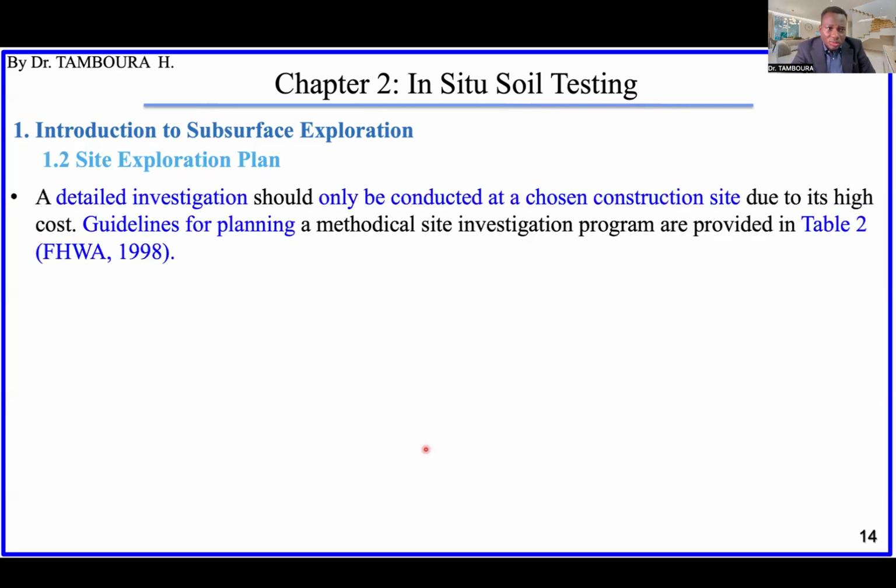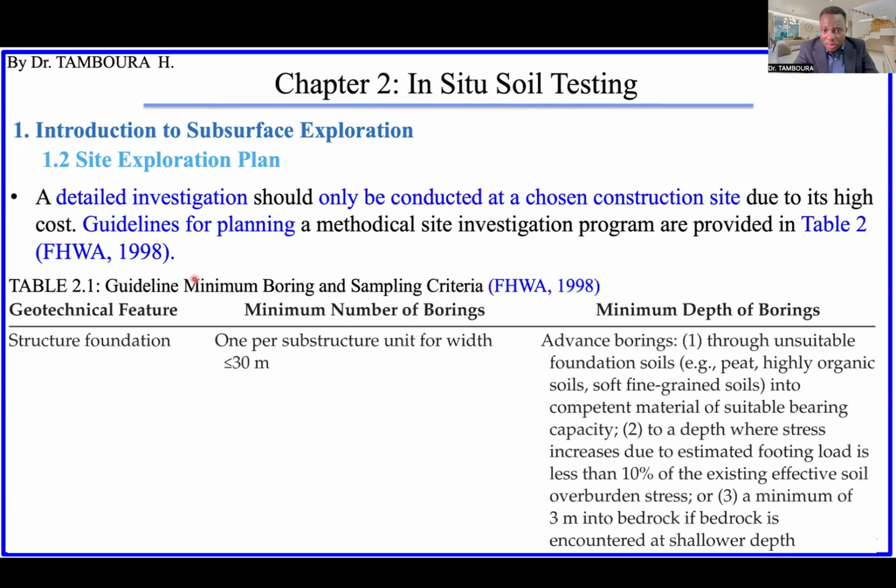So for the detailed investigation, as I said, it will depend on the type and importance of the structure, right? So this Federal Highway Administration of the USA is proposing this table to help us decide on the minimal number of borings and the minimal depth of borings.